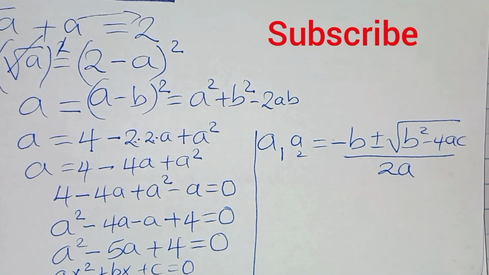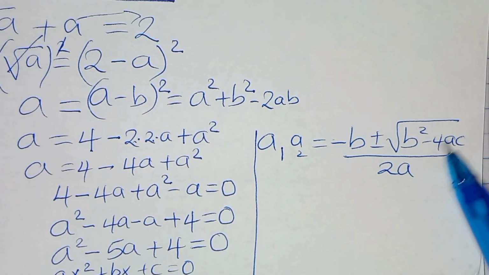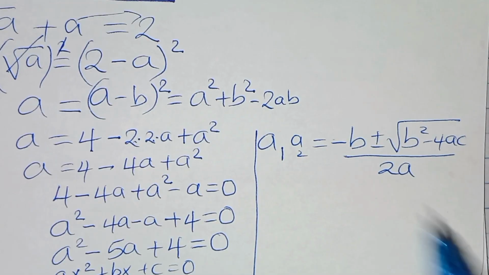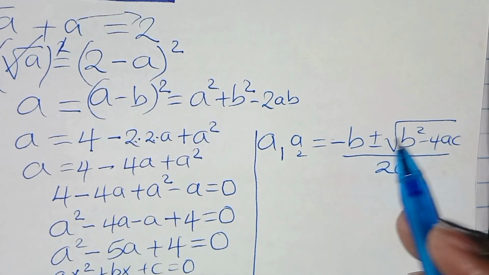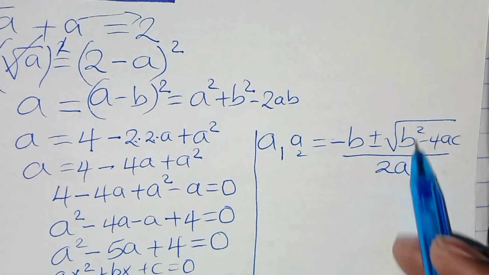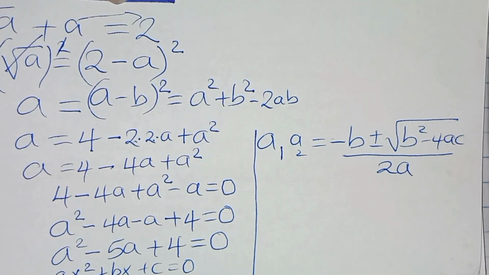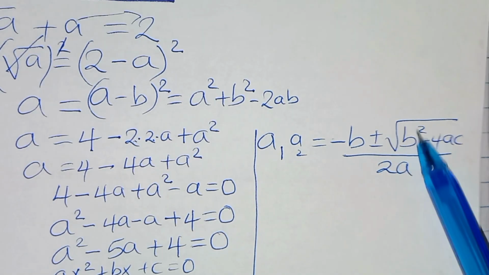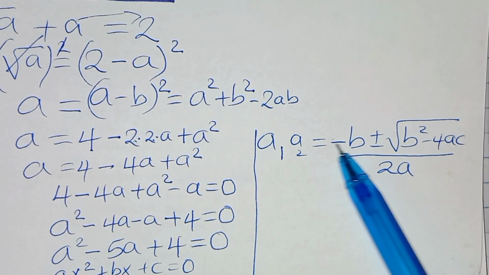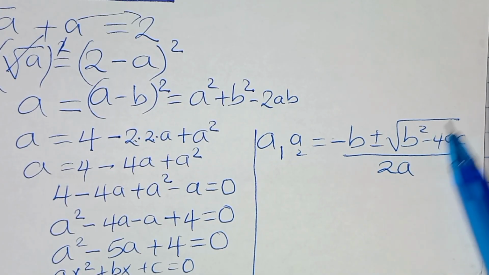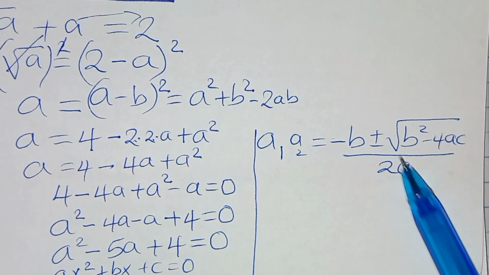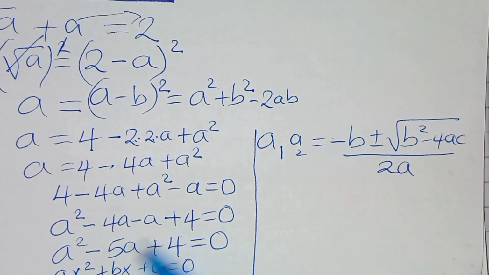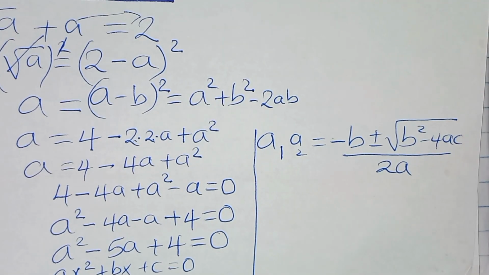Now we can solve this one with different methods: you can use factorization, the completing the square method, or the quadratic formula. I prefer to use the quadratic formula in my case. You can also apply the factorization method.